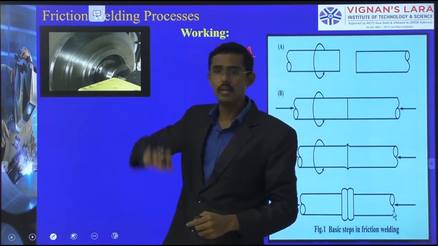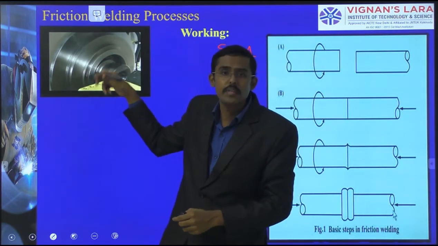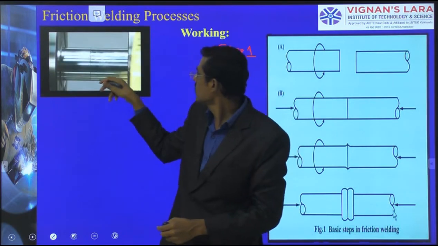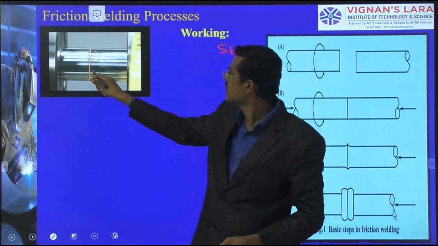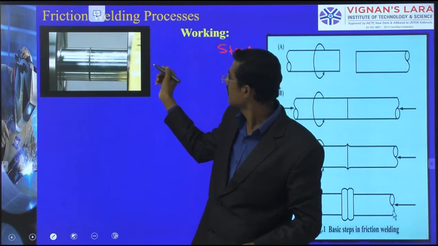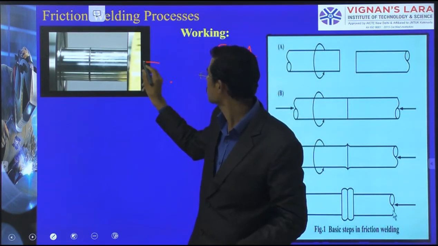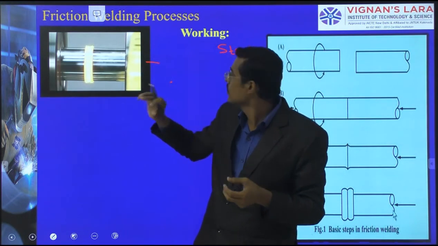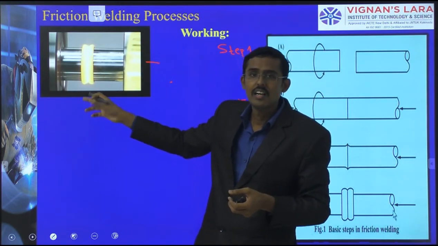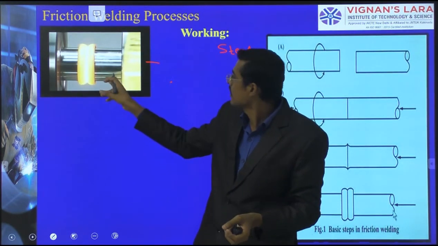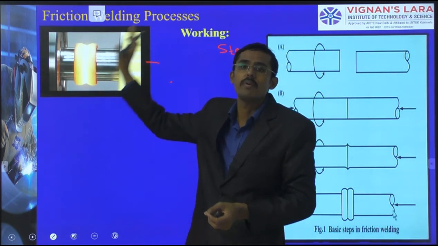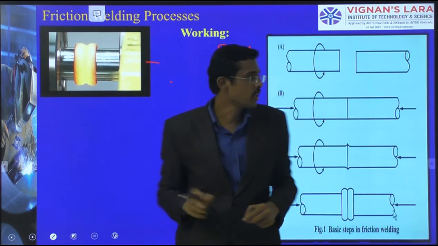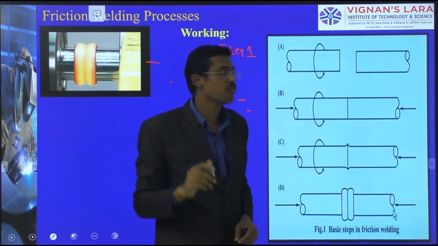I have assembled them, and then the machine has to be rotating. Then the friction will be generated there, and automatically, when pressure is applied, the heat generated as friction causes the flash to form and the shortening welding will perform. So that is what I have mentioned here in the pictorial format.